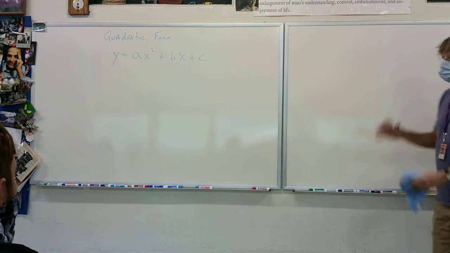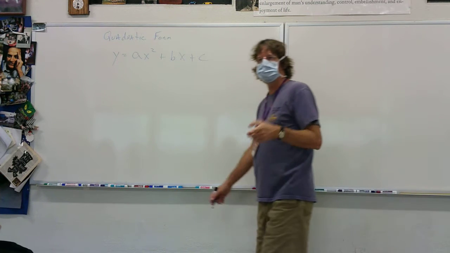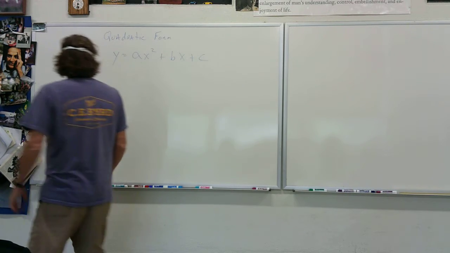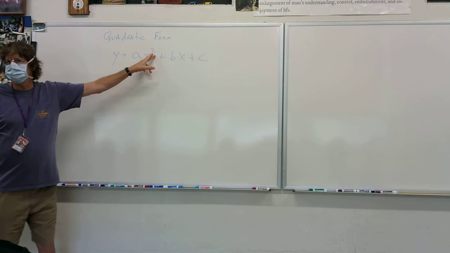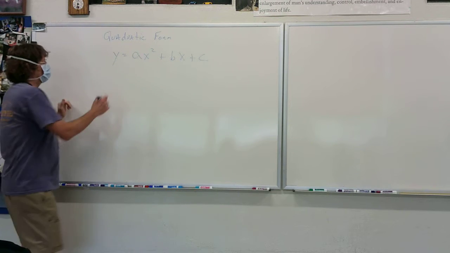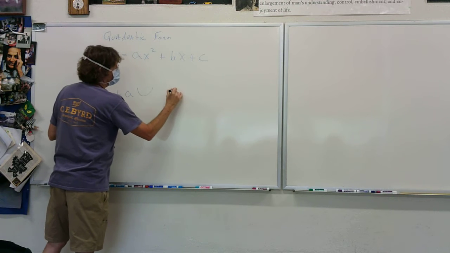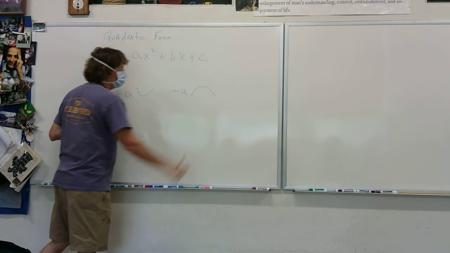In this form, the a serves the same purpose as it did in the form the other day. Now, the x is squared, so this is either going to open up or down. Positive a goes up. Negative a goes down.